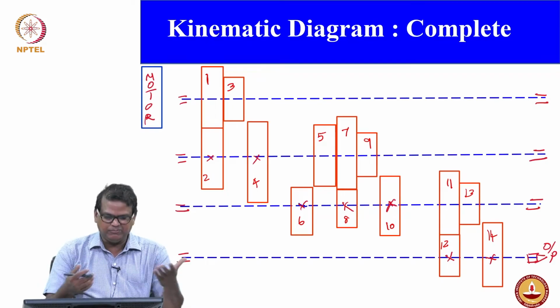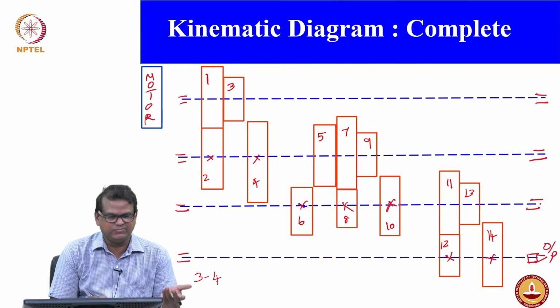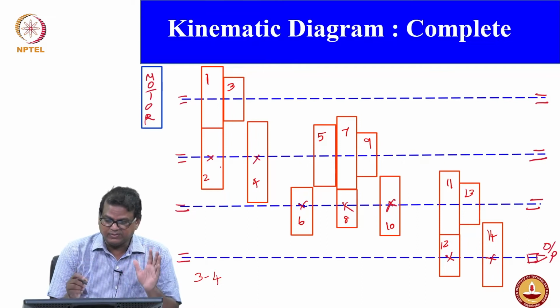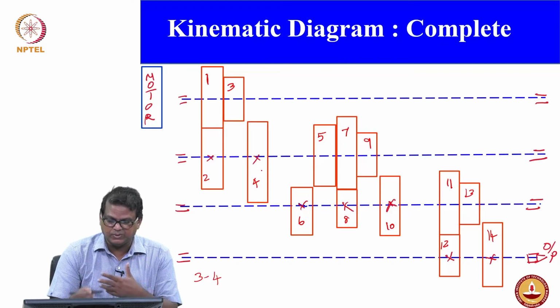So, maybe let me do, I will try. So, I am giving you gear number 3. If the gear 3 and 4 engage, I will get the lowest speed. Am I right? Then, so that is it. So, my question is, when the 3 and 4 are meshing, you will get one speed.